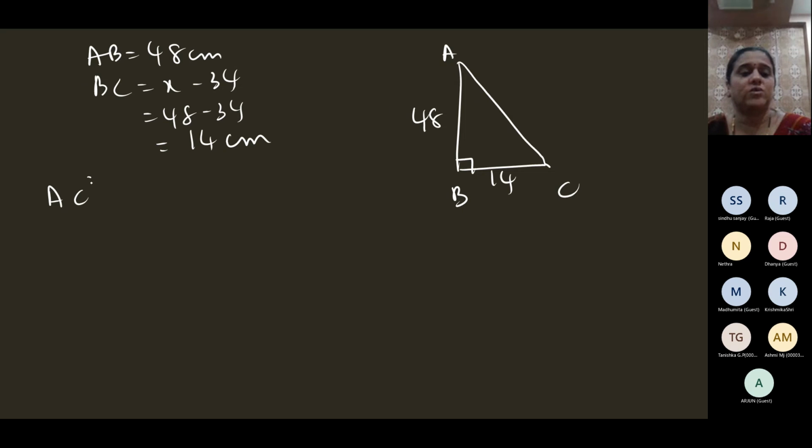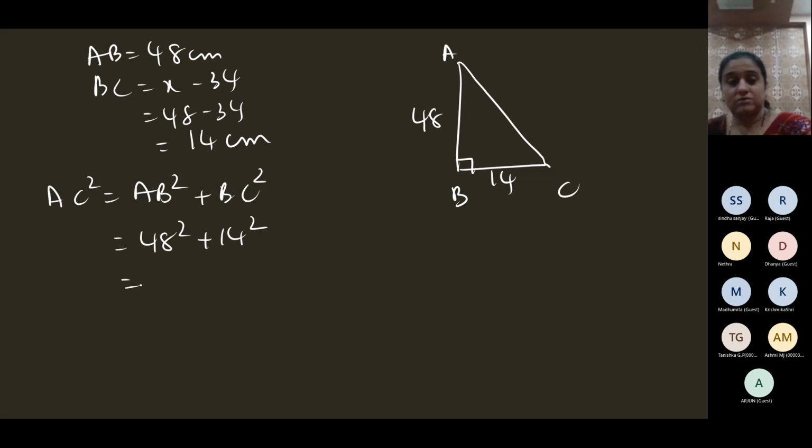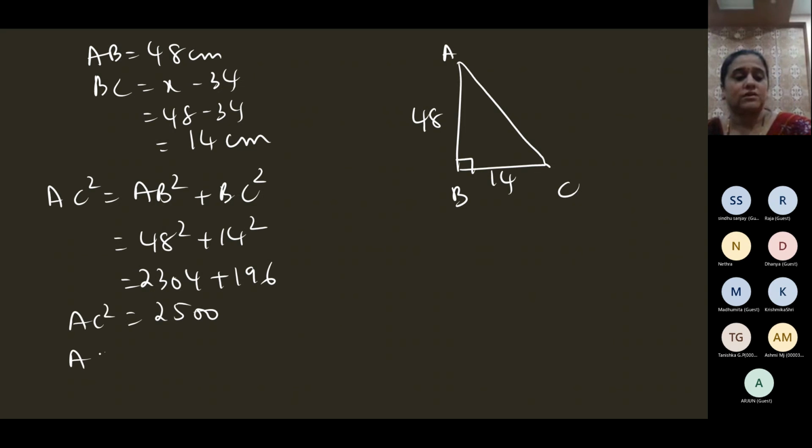So AC square is equal to AB square plus BC square. AB square is 48 square plus 14 square. 2304 plus 196. 2500. AC is square root of 2500.